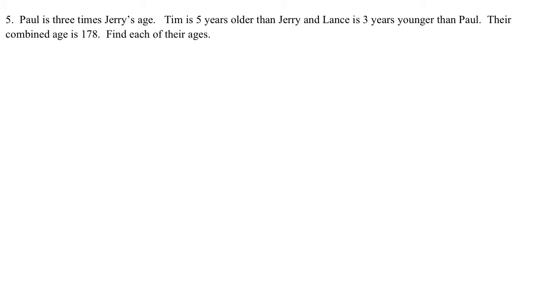So this is a problem where information about one person is dependent on information about another person. So the easiest way to deal with this is to list all the people out. So we have Paul, we have Jerry, we have Tim, and we have Lance.